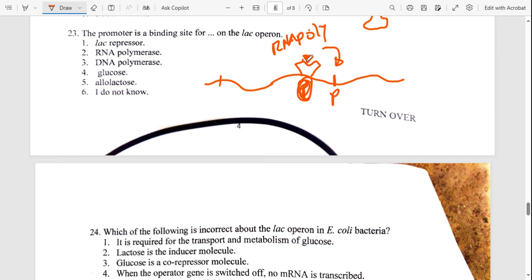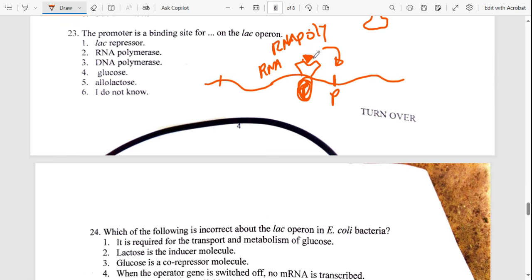The function of the repressor is to stop the RNA polymerase, which is moving along this structure. As long as the repressor is attached to the operator, RNA polymerase can't pass.